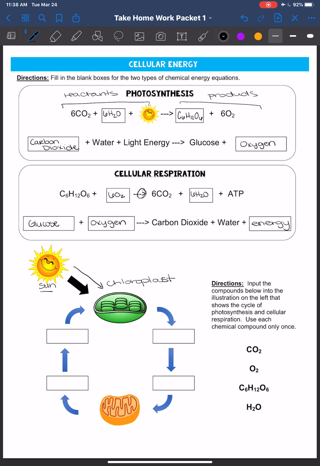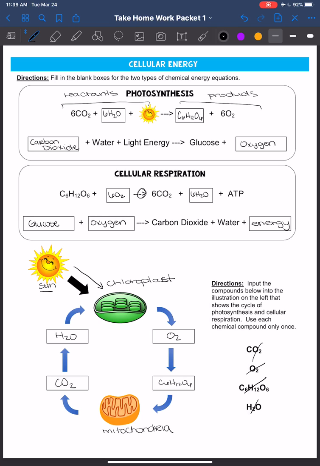Hopefully you're going to pick oxygen and sugar, and gives it to the mitochondria for cellular respiration. And the mitochondria is going to put out CO2 and water. And that's going to feed back into the chloroplast.